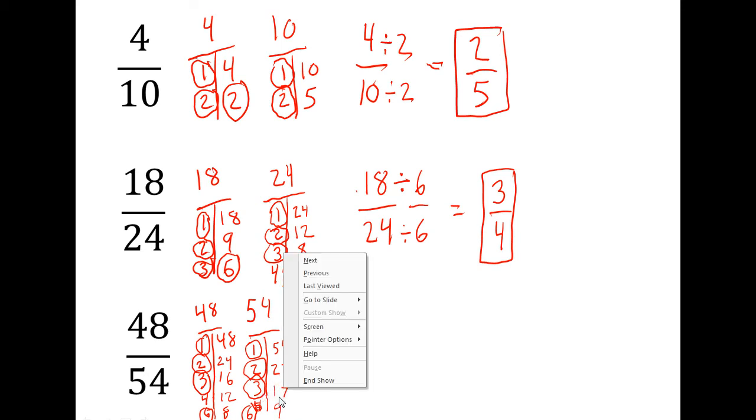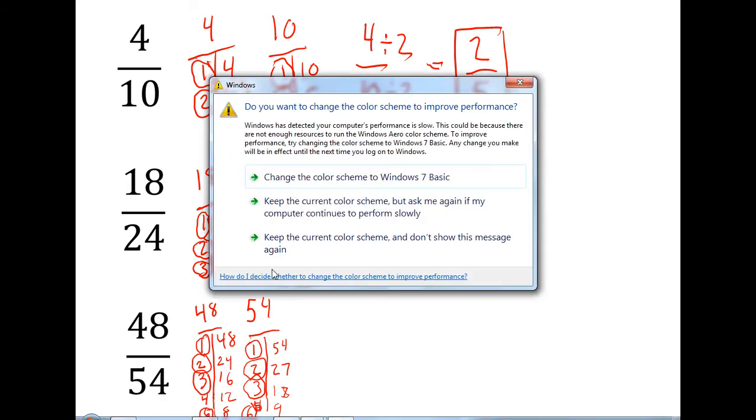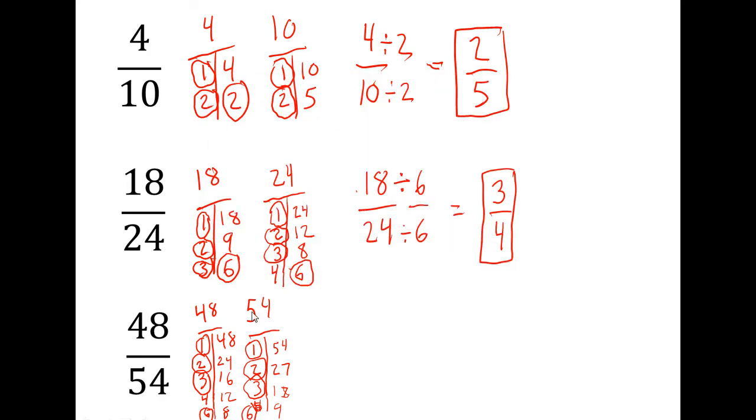It's 3 and 18. Okay, there we go. 8, no. 12, no. 16, no. 24. Let's get this off the screen. 24, no. 48, no. Okay, the greatest common factor is 6.